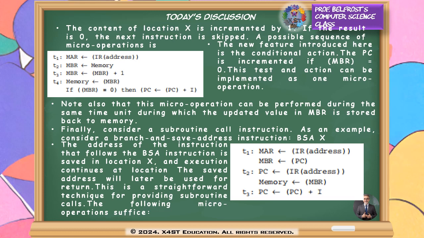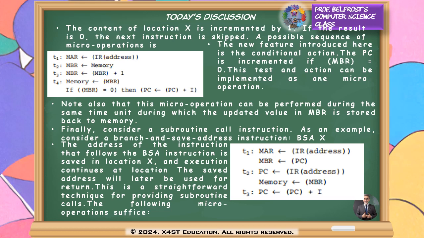From the figure, we can see that the new feature introduced here is the conditional action. The PC is incremented if MBR equals 0. This test and action can be implemented as one micro-operation. Note also that this micro-operation can be performed during the same time unit during which the updated value in MBR is stored back to memory.